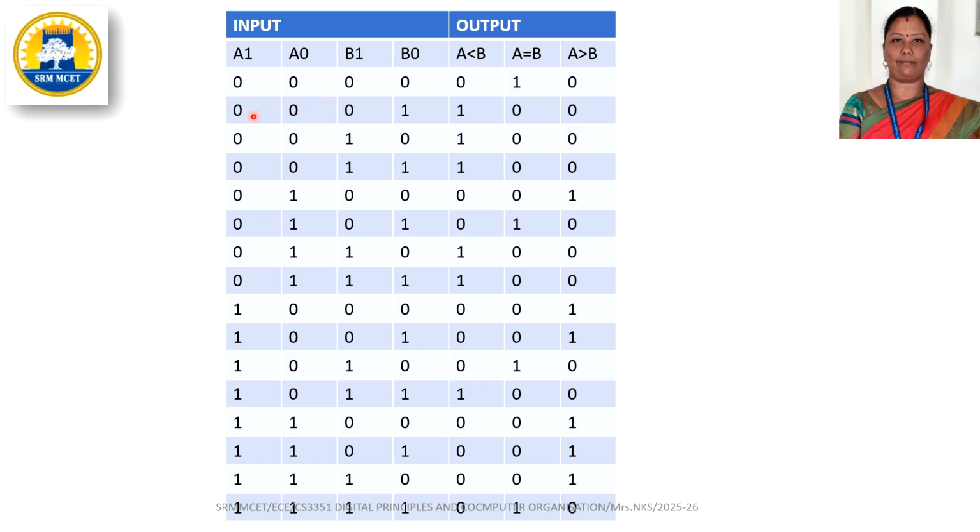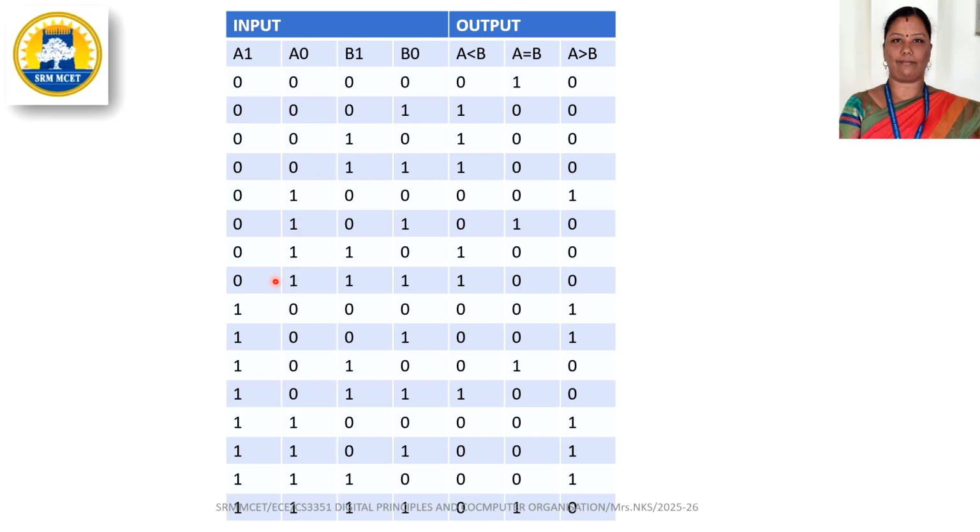Now, the next combination, A is 0, 0 and B is 0, 1. What will be the output? As we know, B is greater than A, so the output of A less than B will be 1. We have to write 1 here.